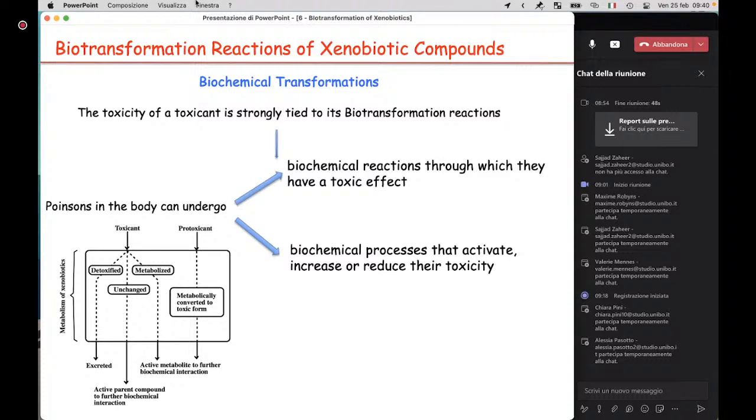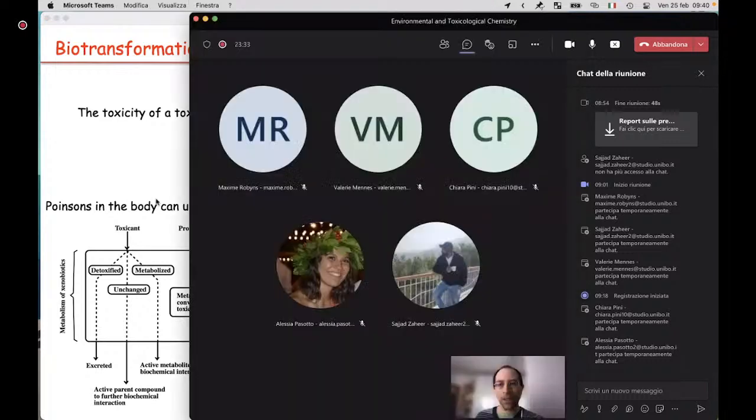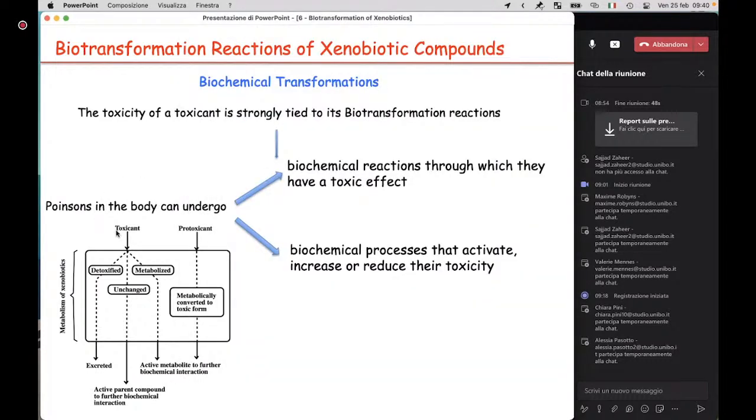So as soon as a toxicant, a poison, enters the body, it is subjected to several reactions. Usually any compound in the body is modified as soon as it enters. As soon as it is absorbed.